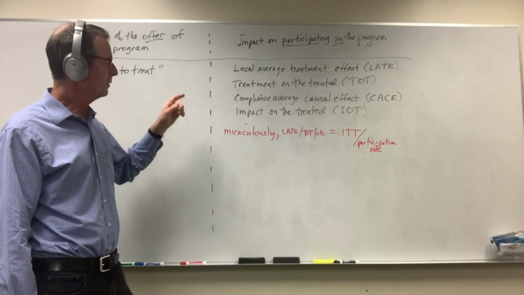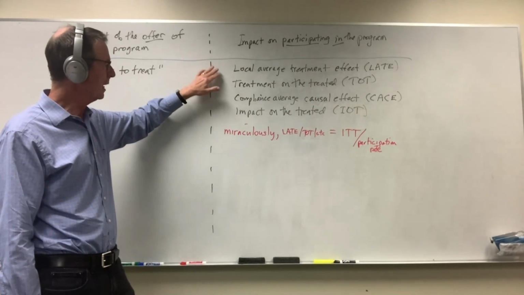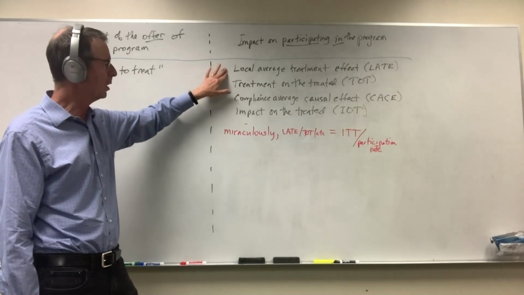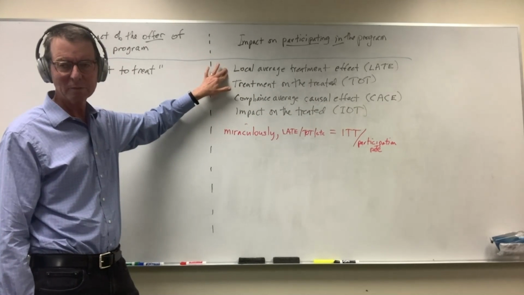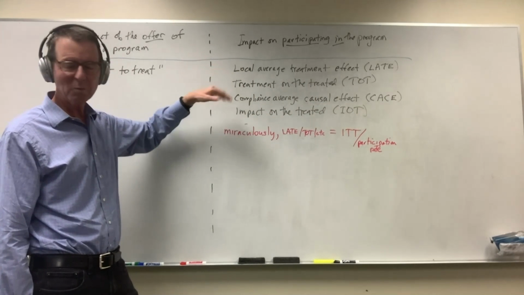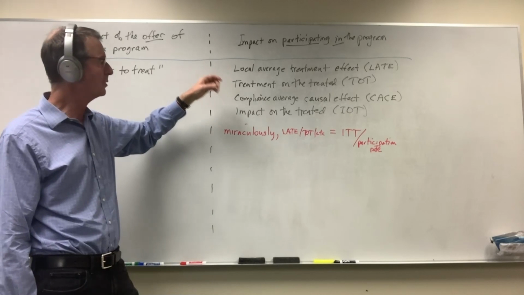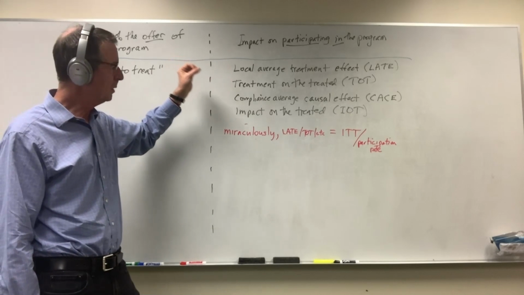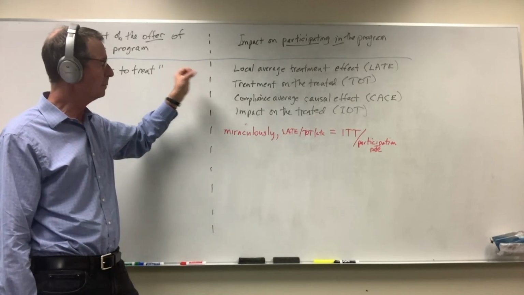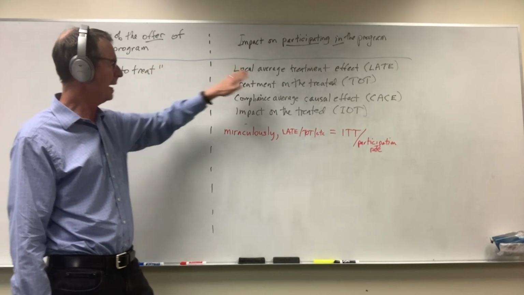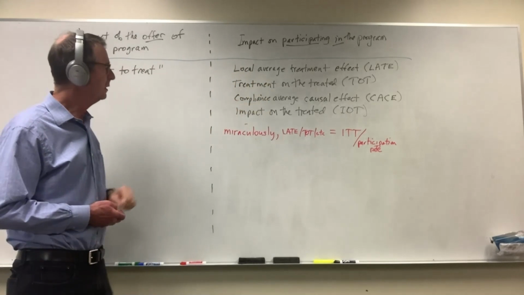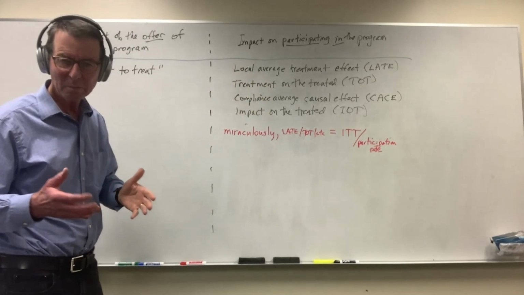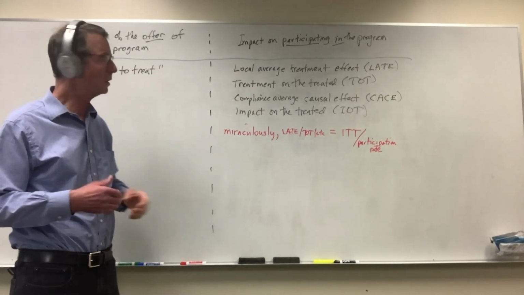A lot of people in the economics literature will talk about local average treatment effects, LATE. We're talking about the same thing: people who actually participate in the program. And it's an average in the sense that all impacts are averages comparing the control group to the treatment group.